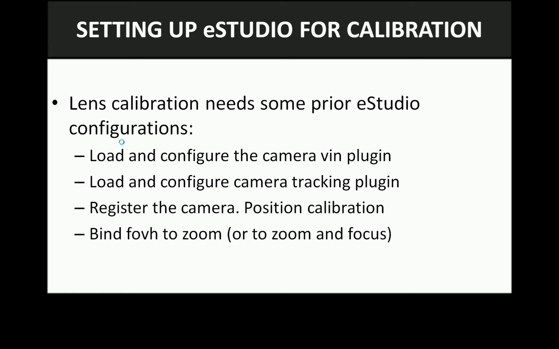We need to register the camera with the position calibration plugin. And finally, we need to bind the field of view, horizontal or vertical, it doesn't matter, to the zoom, or if we are calibrating zoom and focus, we can bind it with an XY bind and use zoom and focus values.